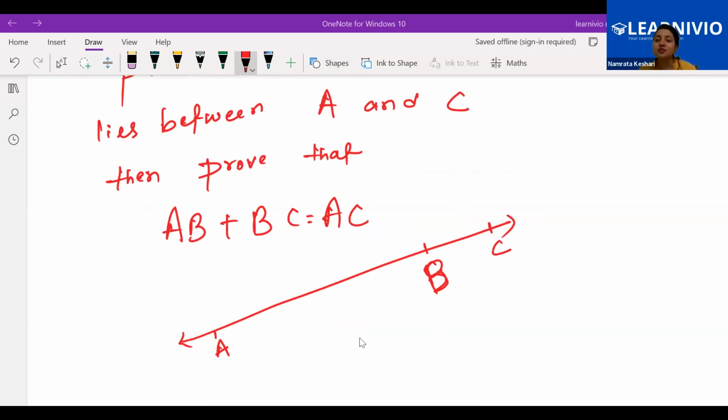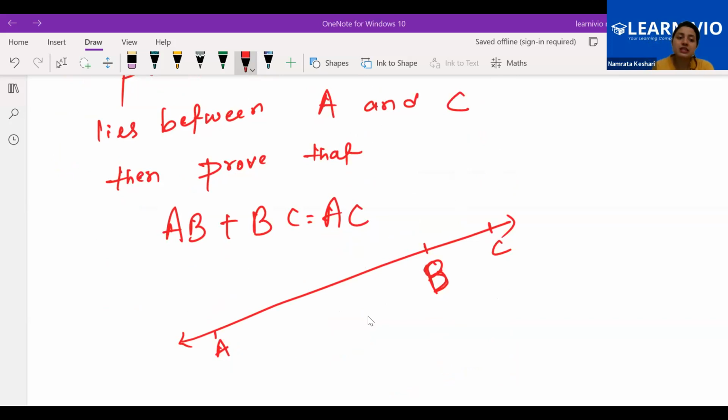It looks clear from the figure only. But we will not say that it is clear from the figure only. We will give a proper reason. While proving anything in this chapter, we will think about the axioms and the postulates. So here one axiom is there which will help us.